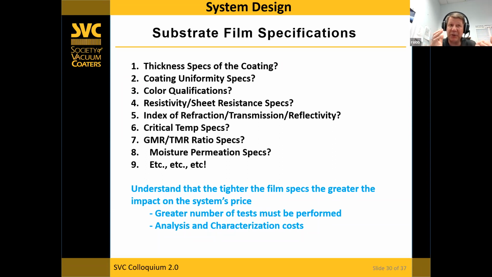The idea is if you're requiring these specs to be hit, make sure you can verify at your facility as well that these specs are still being hit in your vacuum system as you run thin film.